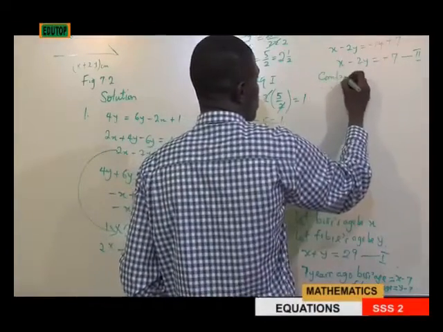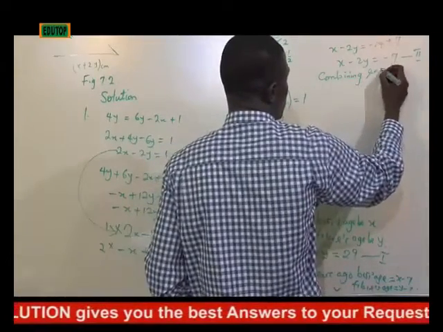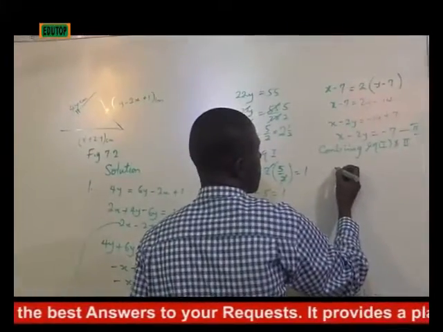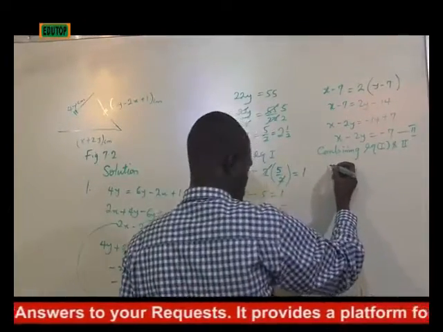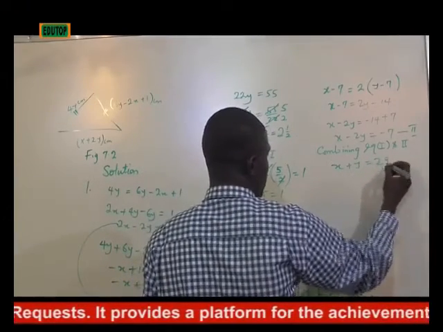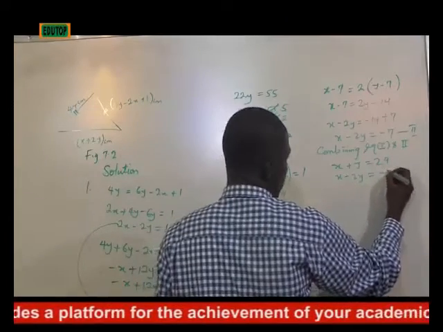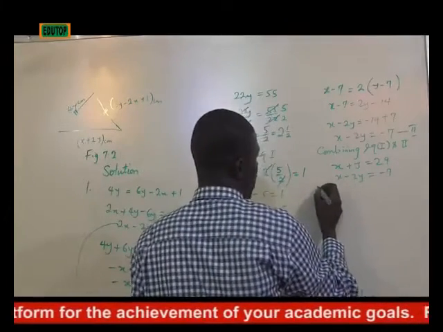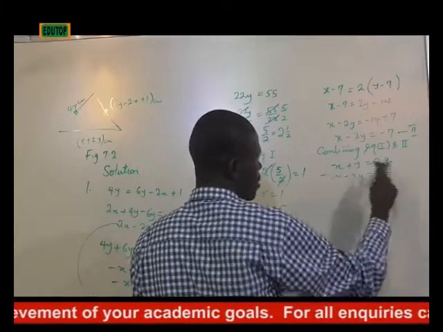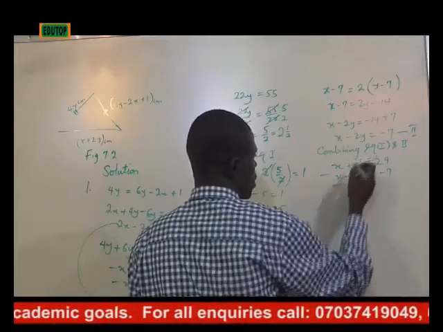Combining equation 1 and 2, equation 1 is X plus Y equals 29. Then equation 2 is X minus 2Y equals minus 7. Now, by subtracting equation 2 from equation 1, X minus X is 0.